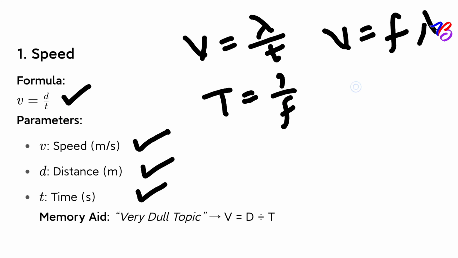For example, we also know that V is equal to 2D over T. The formula for echo is gotten from this particular formula. And these and many more are the formulas you can derive from this foundational or fundamental formula.